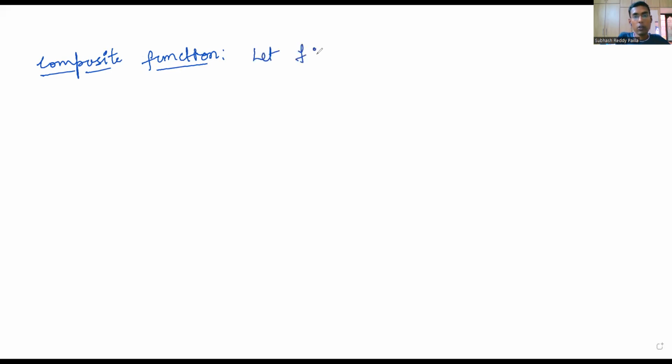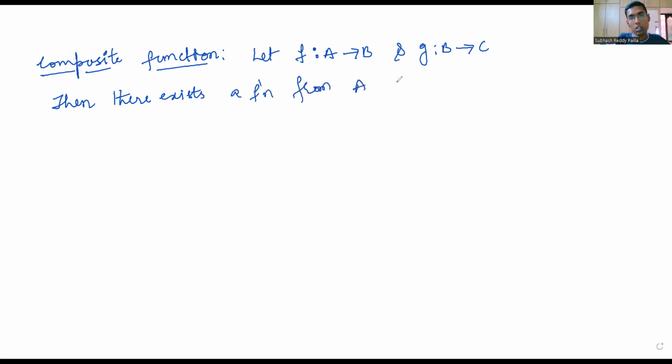Suppose f is a function from A to B, and g is a function from B to C. Then there exists a function from A to C, which is called g circle f.